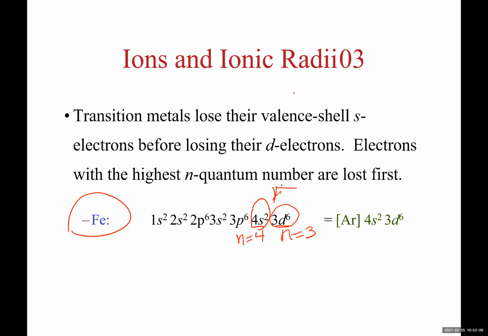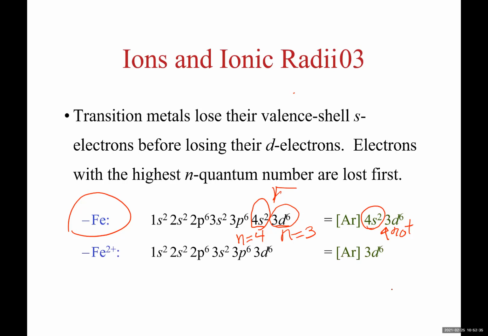So do you see, if iron is going to make an ion, it's going to lose 4s2, not 3d6. Why? Because d6 belongs to the third shell. It's the fourth shell, which is the valence shell, which is the outermost shell.